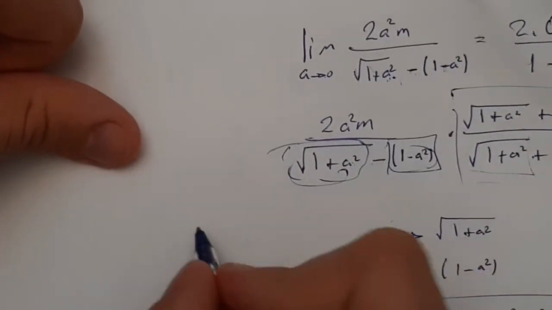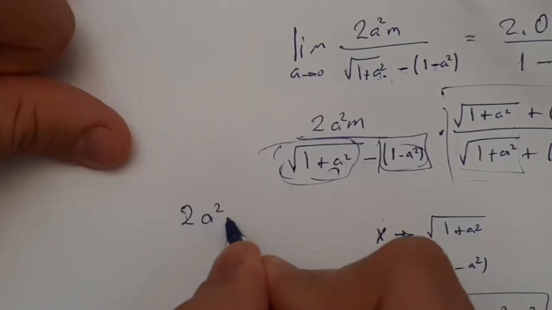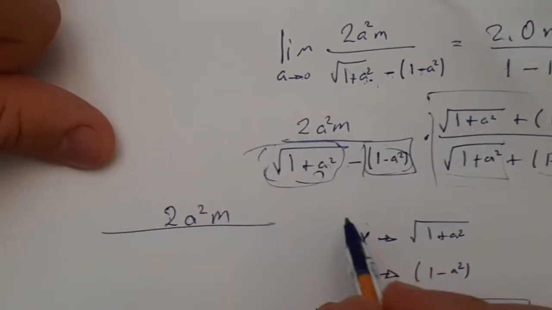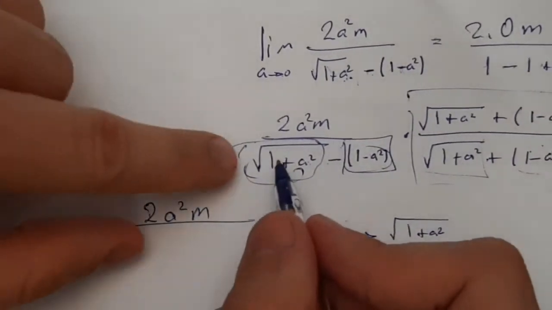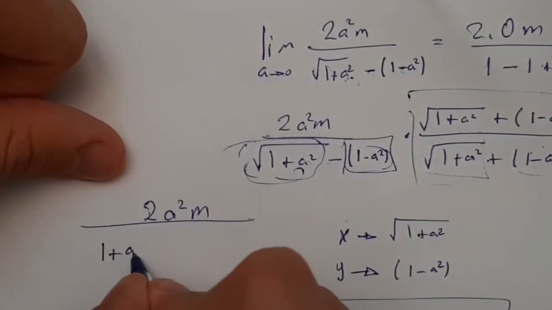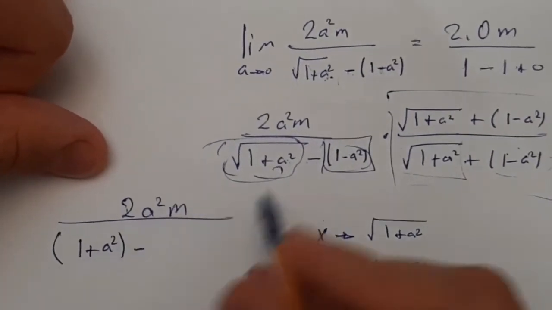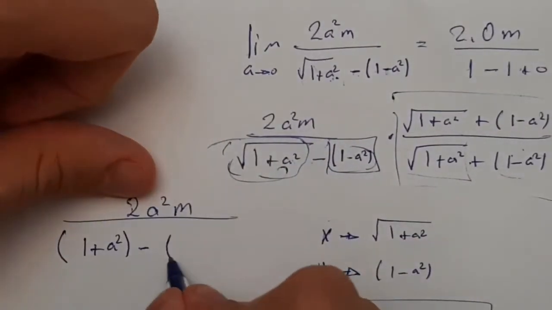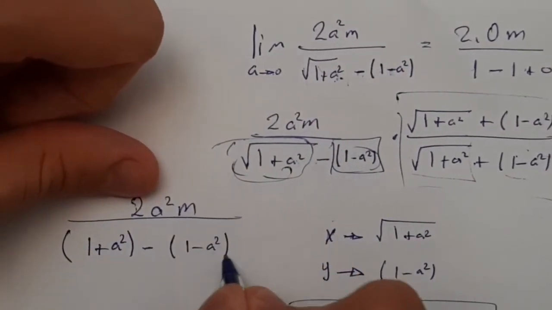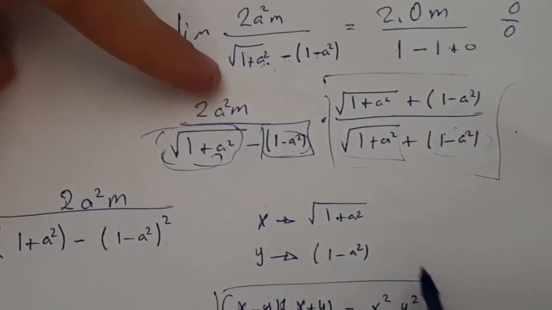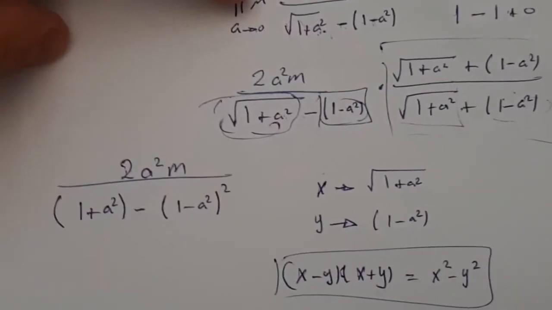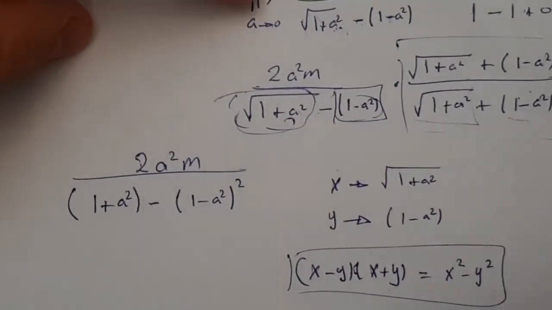So over here 2a squared m divided by this part squared, so it was the square root, so it will be just it, minus this part over here squared, 1 minus a squared, squared. Okay, because of this formula, the perfect square, if you want to train it.